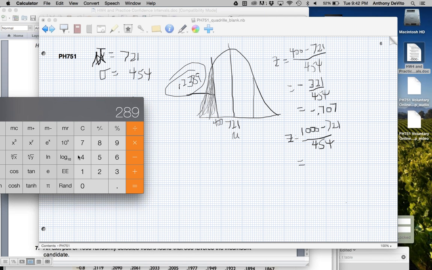Let me clear out memory and put that in. Okay, so that's going to be my z-score.